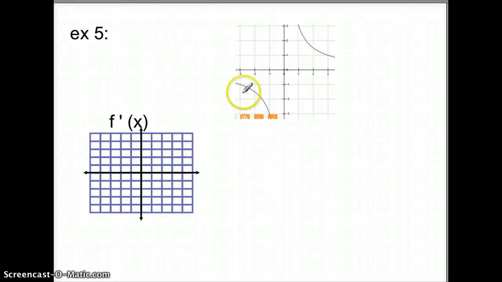Graph of f prime of x of this one: it's about a -1 for the slope. At 1.5, -1. At 3, it's like, I don't know, -0.5. At 1, it's pretty steep. So if you've got more and more of those, it's going to look like this.